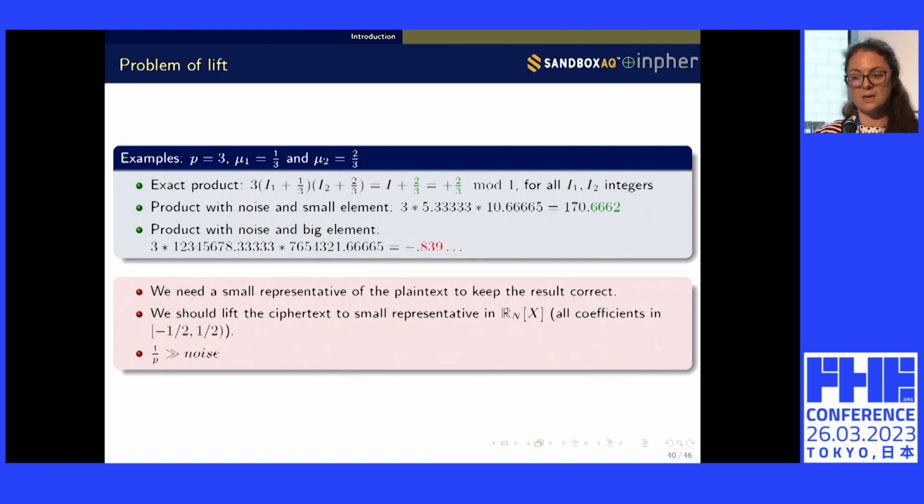But when we take a big representative on the real numbers, as in my example here, we completely lose the information. That means we need small representatives of the plaintext to keep the result correct. For that, we should lift the ciphertext to the small representatives in R[X] and keep the coefficients in the interval -1/2 and 1/2.